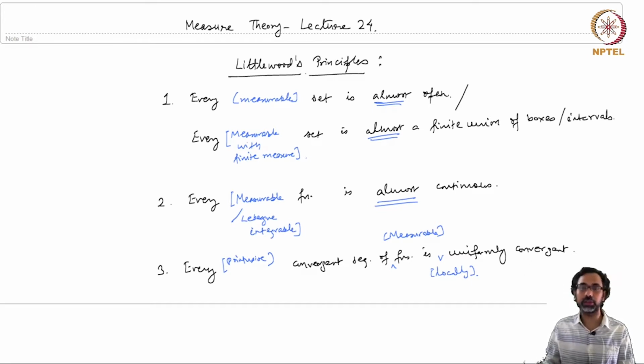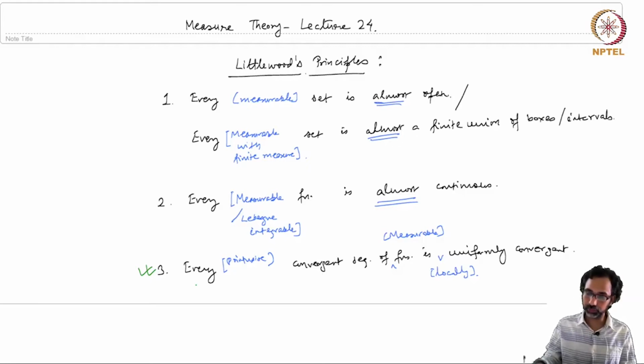So these three Littlewood's principles give us some idea of how one should think about pointwise convergence of measurable functions, how one should think about absolutely integrable or measurable functions, and how one should think about measurable sets. In this lecture we will see the third point, which is that every pointwise convergent sequence of measurable functions is uniformly convergent.